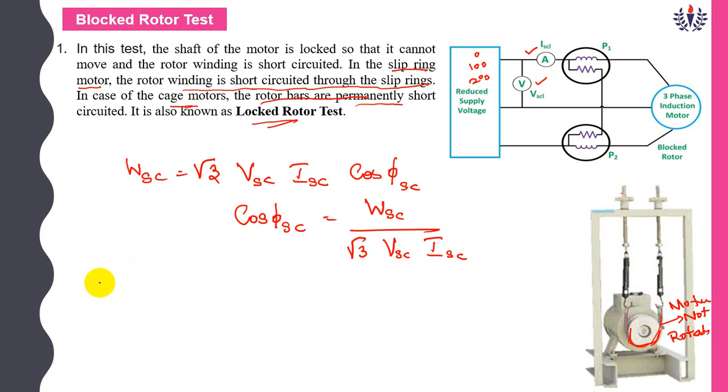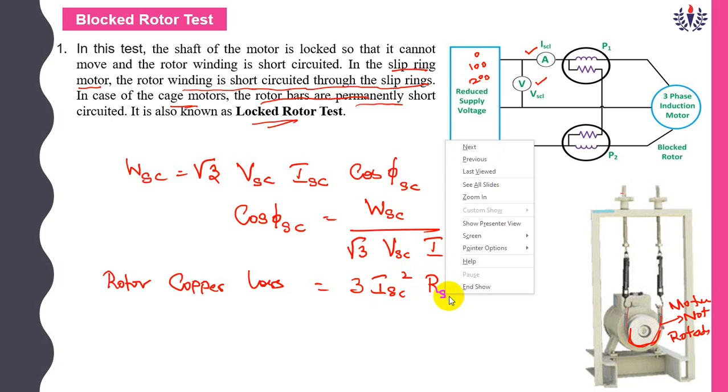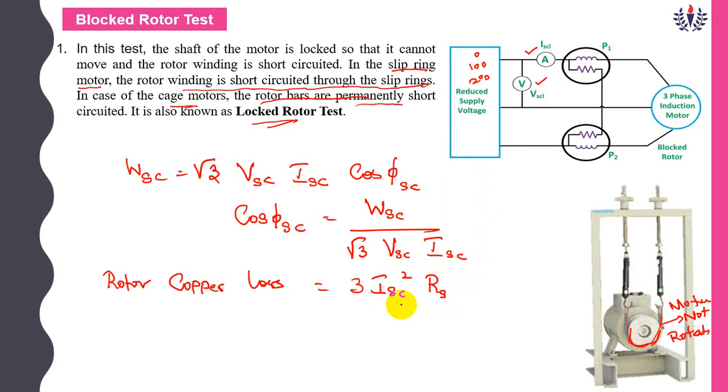Here also a rotor copper loss will be produced, because the rotor is locked. The rotor copper loss formula is 3 ISC square into RSC, where RSC is the rotor resistance.